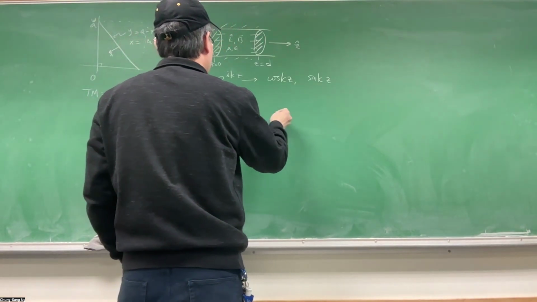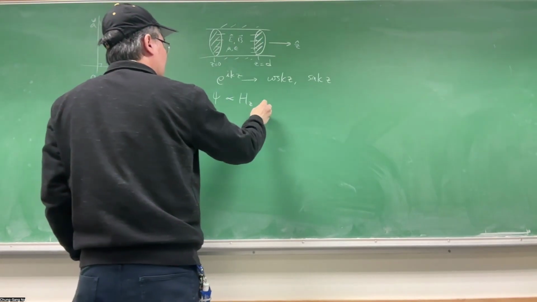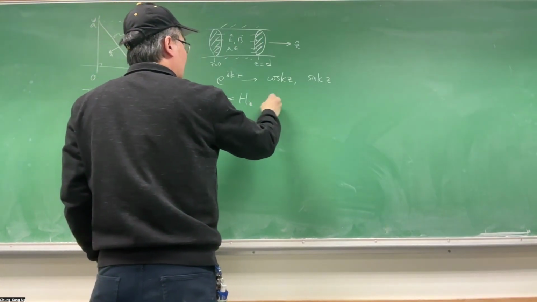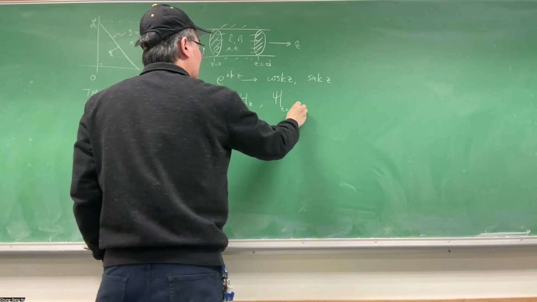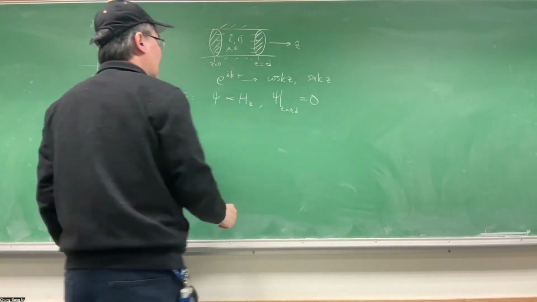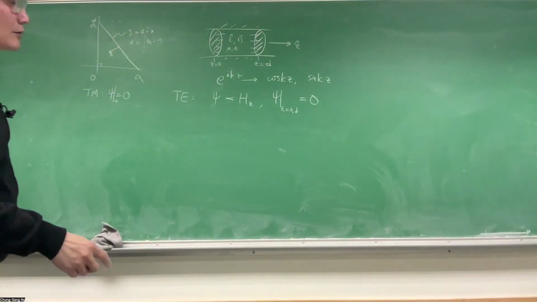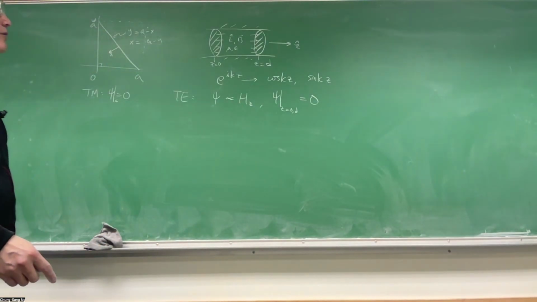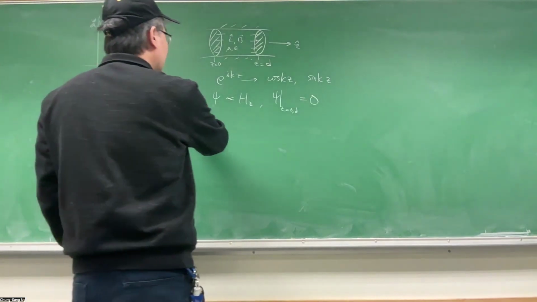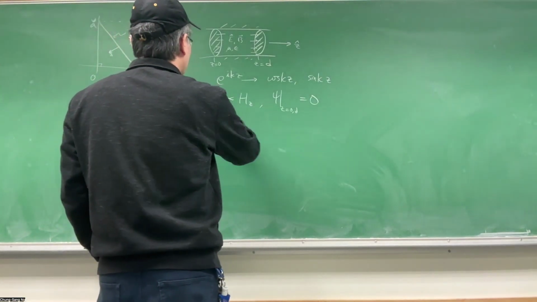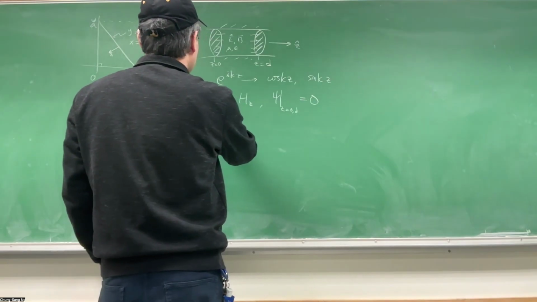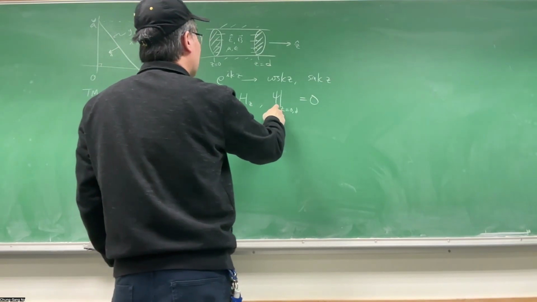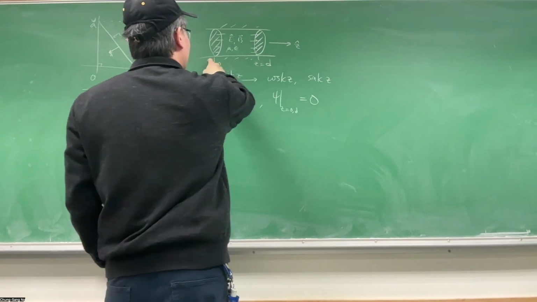So I can say psi at Z equals 0 and Z equals D is 0, by the fact that Hz is H perpendicular on the surface. That is quite easy for TE. You just set this to 0, and we have done this before.